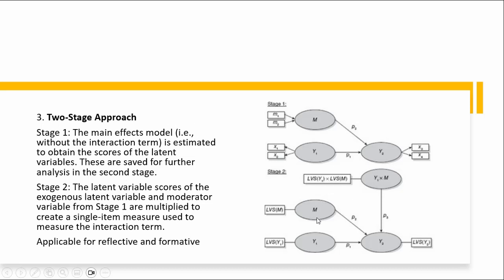The main idea is we save the composite value from each construct, here the independent variable and the moderator, and then we use the composite values of the independent variable and moderator to form the interaction term. And this approach can be used in reflective as well as formative models.